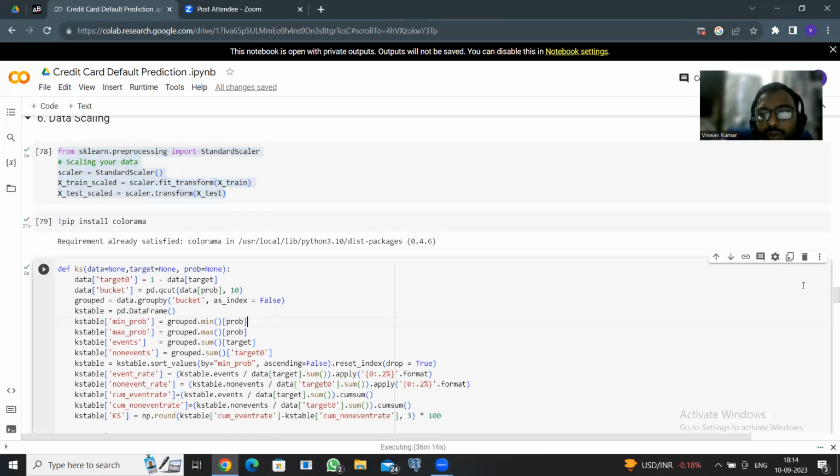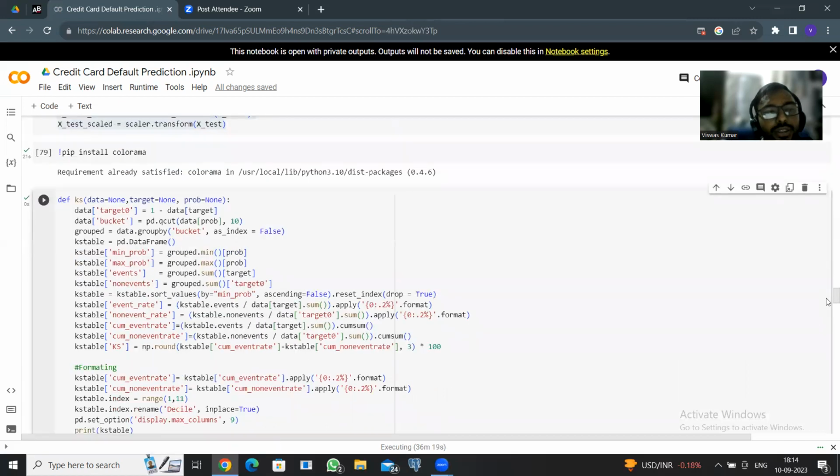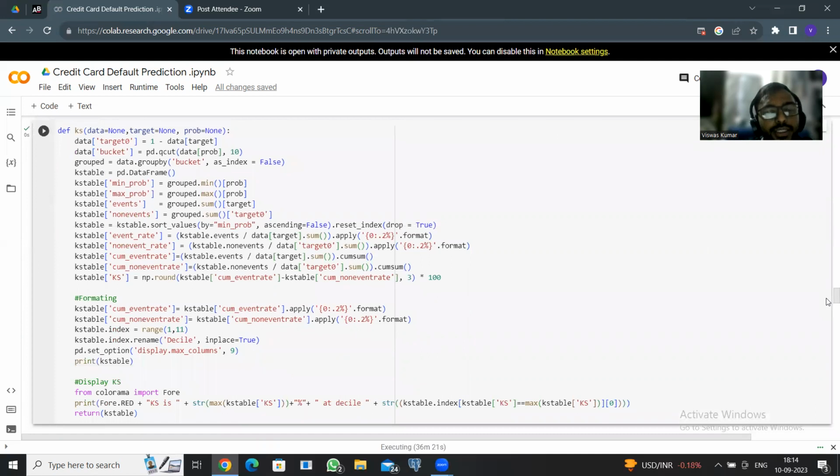Here is the KS statistics test, used to predict how our model's performance will be, meaning how good our model is at distinguishing between the two classes, good and bad. We can use the KS table or the KS statistic test to view the performance of the model.